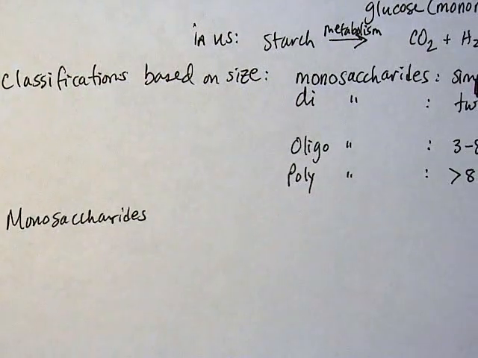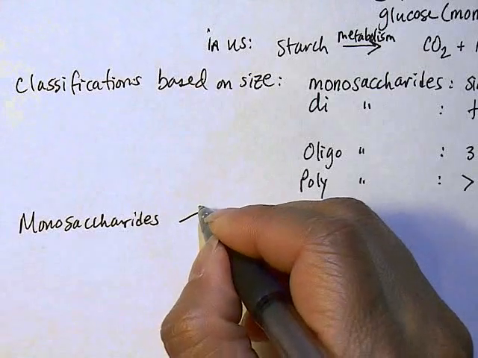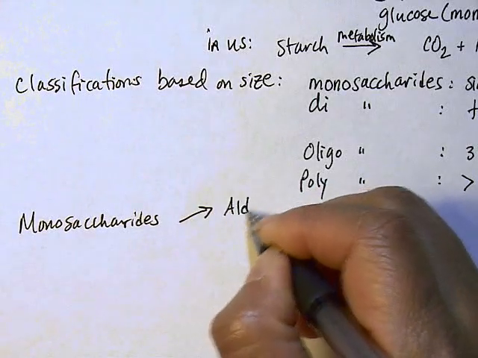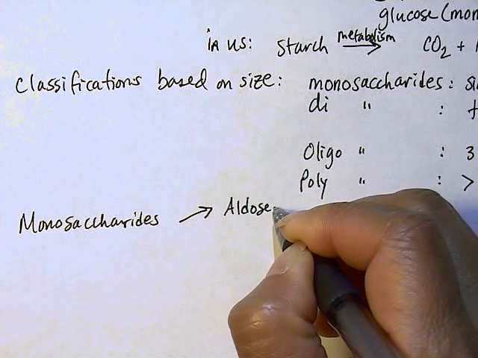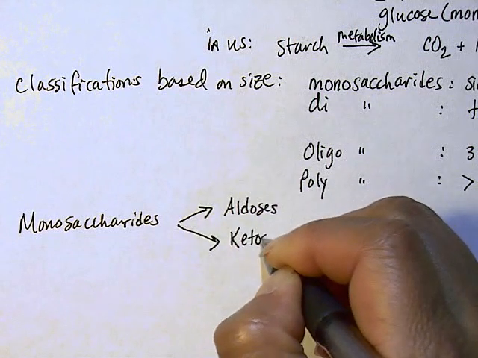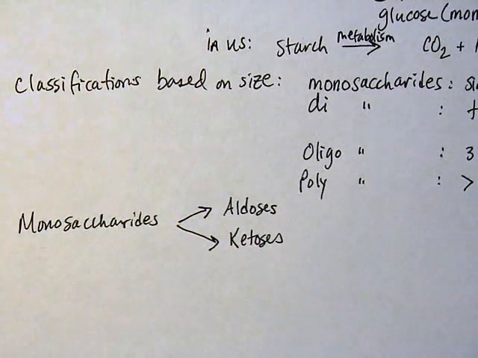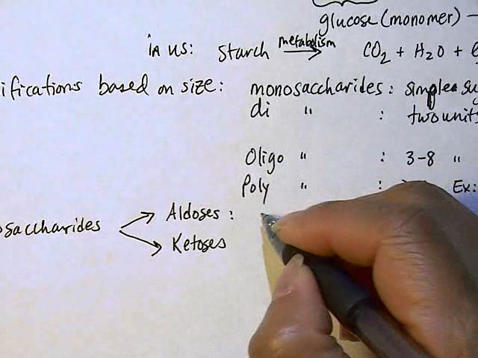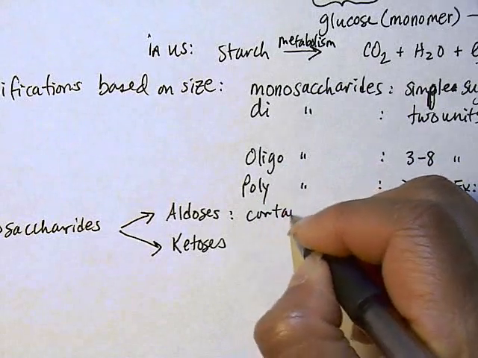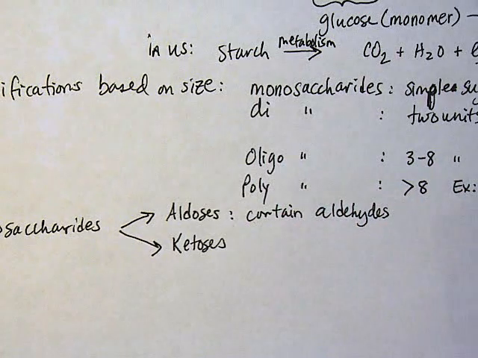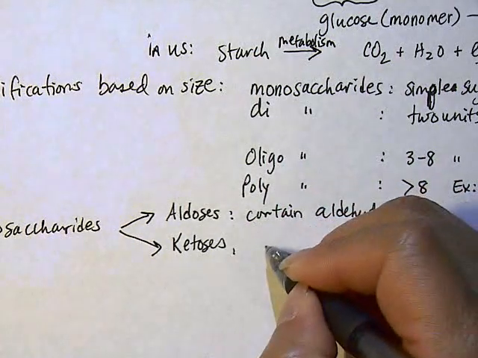All right, so monosaccharides are further divided into two classes. One's called aldoses, and the other is called ketoses. All right, so it's a very simple classification. Aldoses contain aldehydes, because some simple sugars have aldehydes and some have ketones.